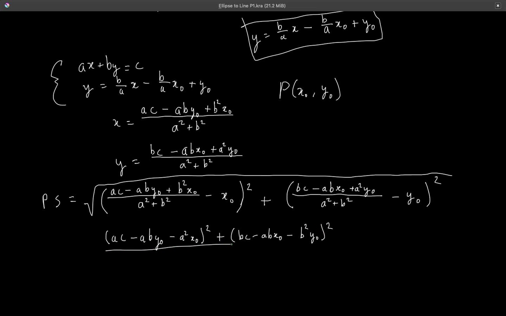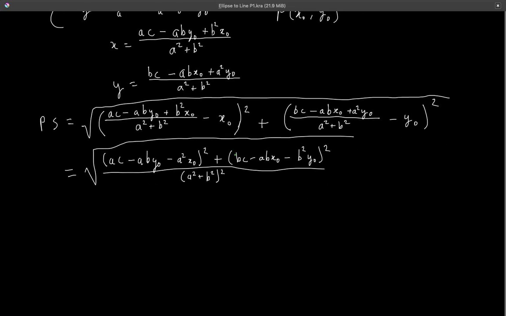All of that is going to be divided by the square of a squared plus b squared. Okay, so now we can draw a radical, and our equal sign.